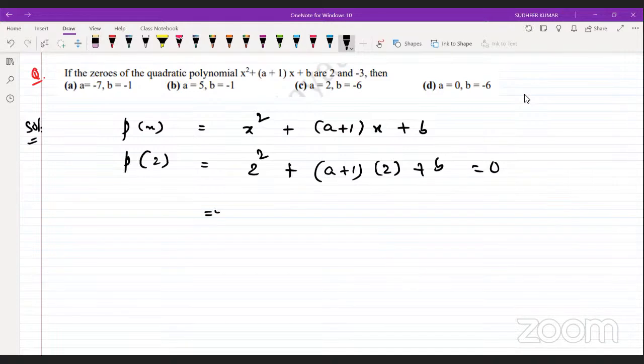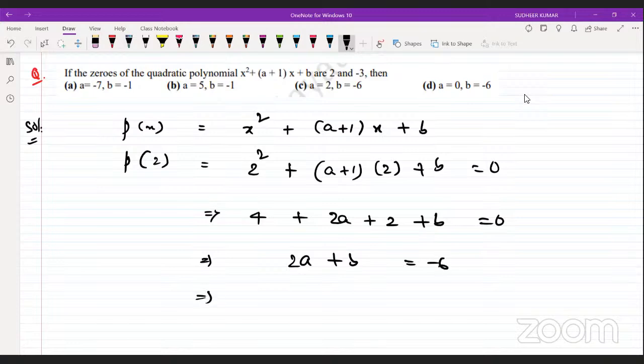So this result is 4 plus 2a plus 2 plus b equal to 0. So this is 2a plus b plus 6, transpose this side, minus 6. Let it be equation 1.